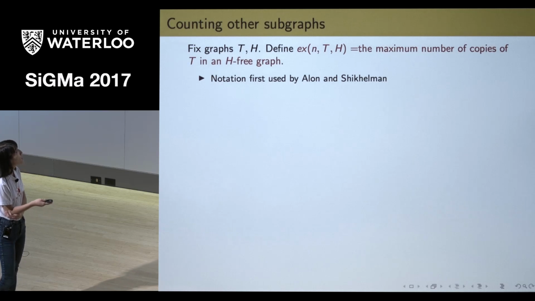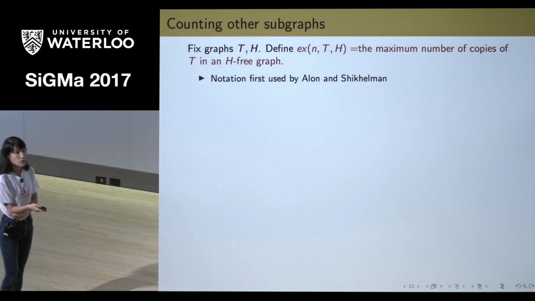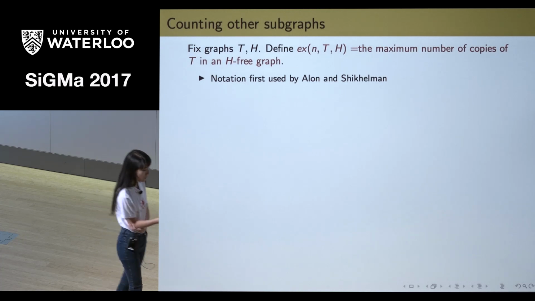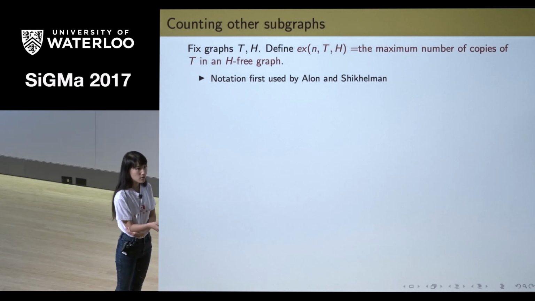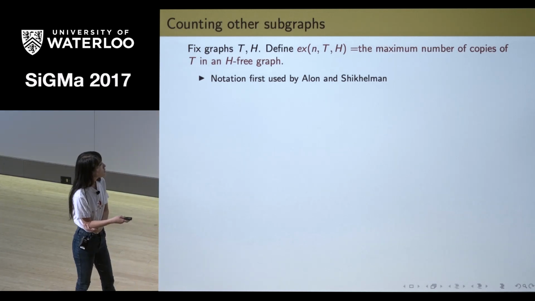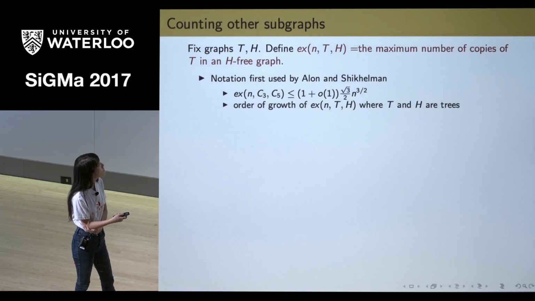Okay, the notation ex(n, T, H) was first introduced, recently actually, by Alon and Shikhelman in, I think, a 2016 paper called "Many T copies in H-free graphs". Within this paper, they have a number of different results. Here are some examples.